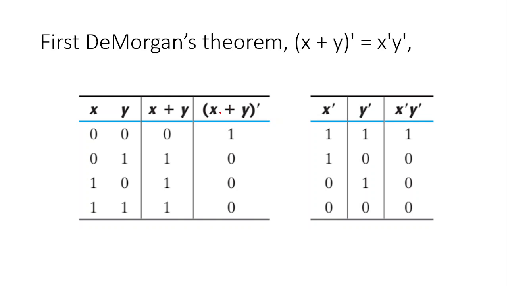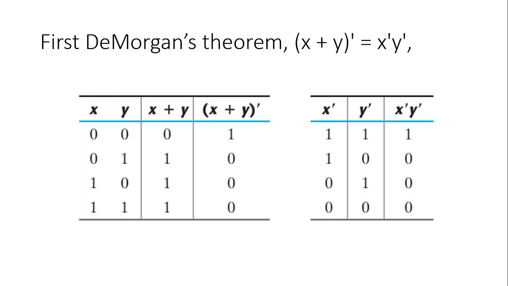When the complement of x plus y is 1, x bar y bar is 1. When the complement of x plus y is 0, the corresponding value of x bar y bar is 0. So the truth tables of both of them match. That means the two expressions are the same.